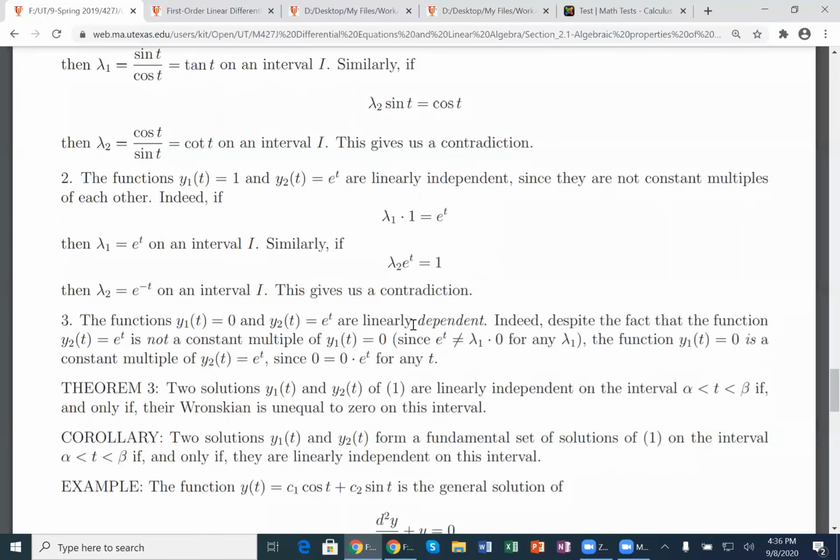In contrast, in order to show that our functions are dependent, it is enough to show that one function is a constant multiple of the other function. Let me show you how we apply this theorem.